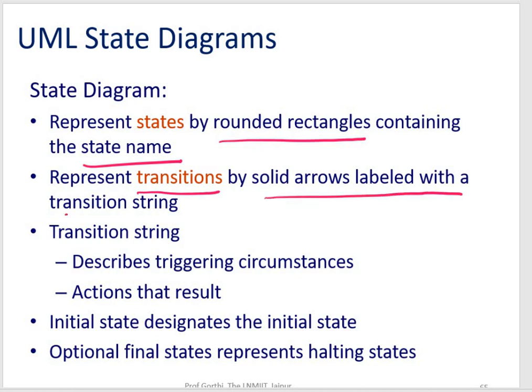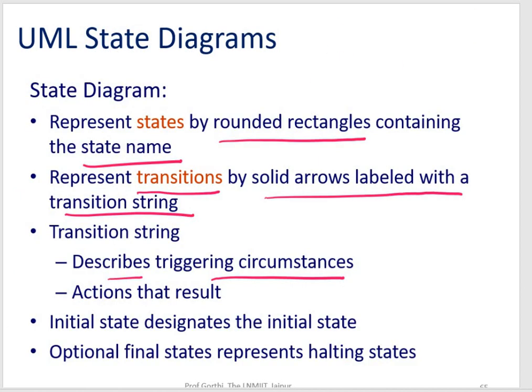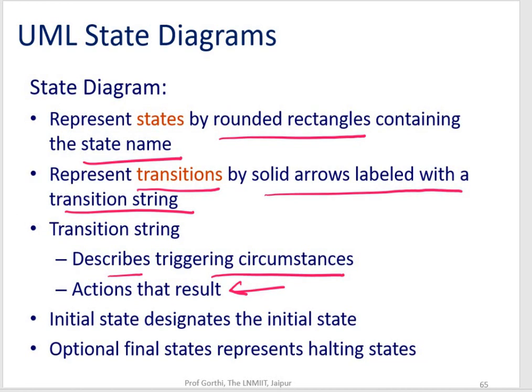That's what we are doing in this particular case. Designate an initial state and optionally one or more halt states as well. So I have this initial state, I have this final state, and in between I can have some halt states as well.